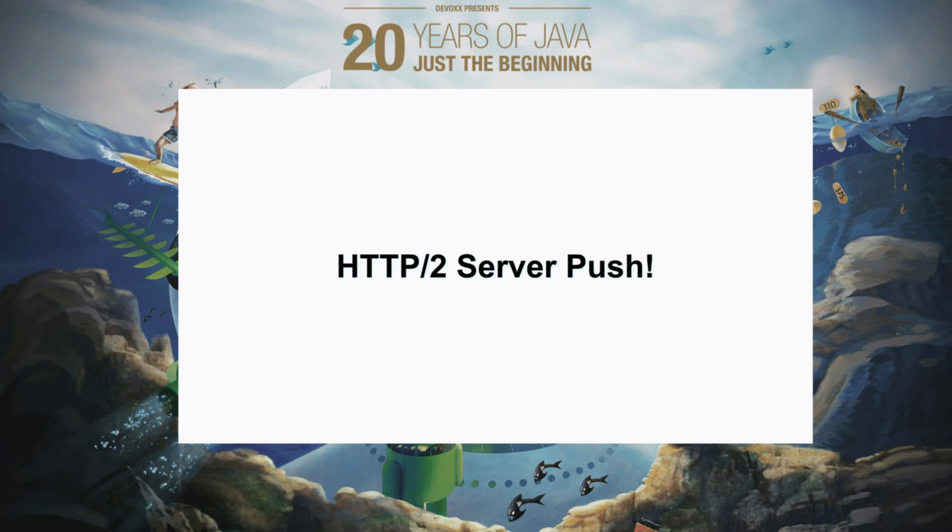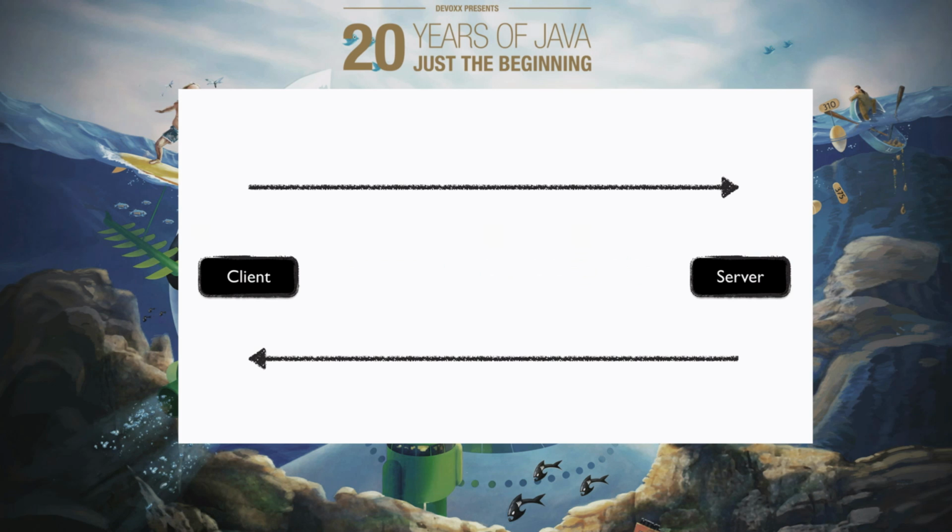Whenever a client asks for a page, I'm going to push all the static resources to the client, JavaScript, CSS, etc. That will really improve the page load time, because the client won't even have to parse the page and ask for those resources. I know what's going on, I'll push them. While it may be a good idea, in some cases it can be tricky.